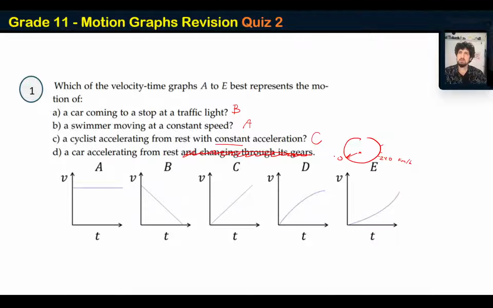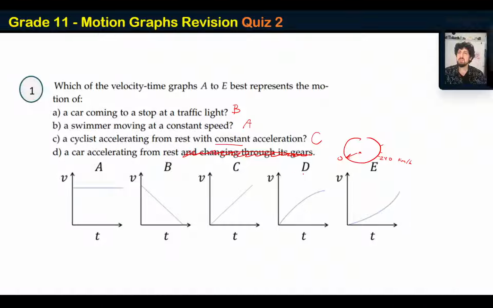So which one is it? It's going to be, well, obviously, since it's accelerating, either D or E, because it's not constant acceleration, it's going to be variable acceleration, right? So non-uniform acceleration. So now we just need to figure out which one of them is it. Well, if we look at E, E is just showing us that the speed keeps going up and up and up, which means we'll get to a point when the speed is infinite, which obviously isn't true.